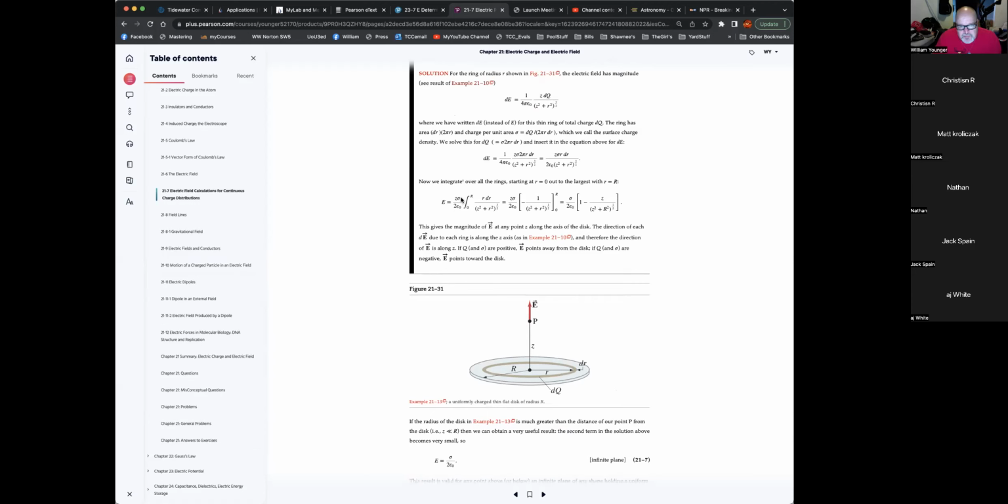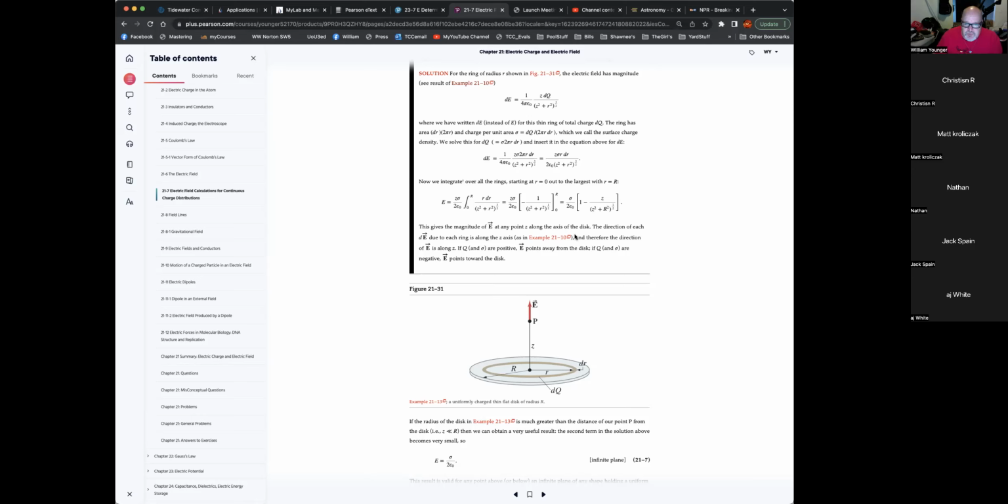So just remember sigma would be Q over pi R squared. I have Q over 2 times pi R squared times epsilon 0. So this is exactly the front of what I got. And then I have in parentheses 1 minus Z over the square root of Z squared plus R squared, or excuse me, Z squared plus R squared to the 1/2 power. Okay, so you can see I did in fact do it correctly.